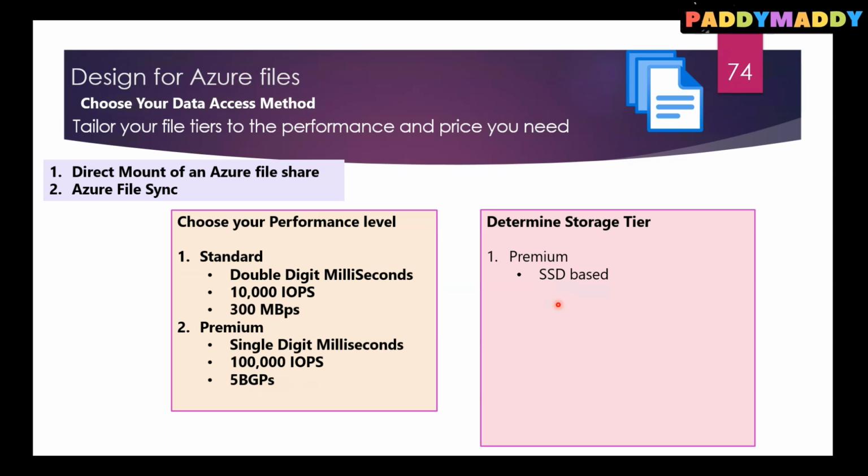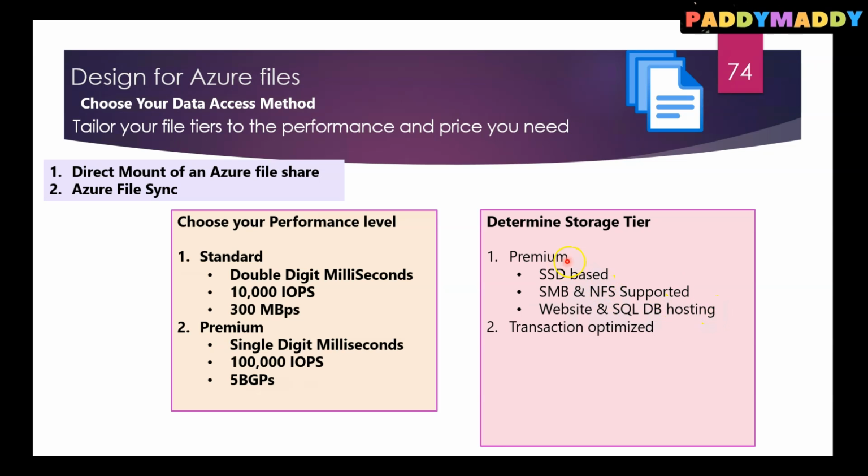It can be used with both SMB as well as the network file system NFS protocol. So the premium tier is useful for SMB and NFS, and you can also host your websites and SQL databases.